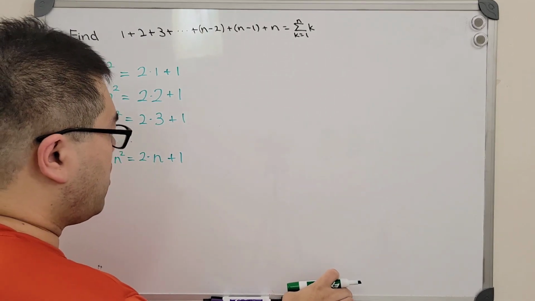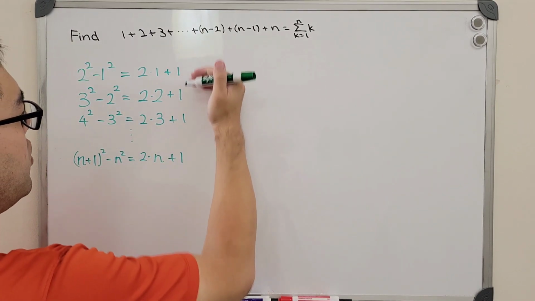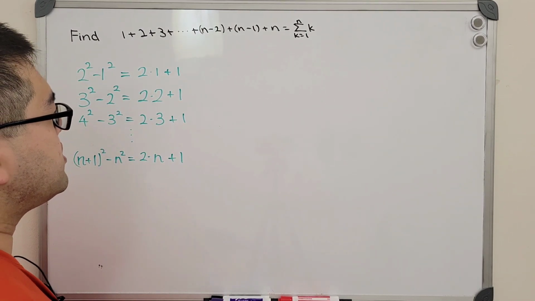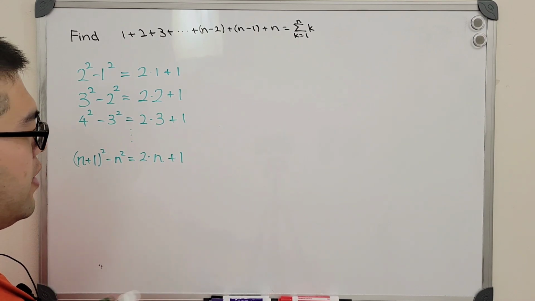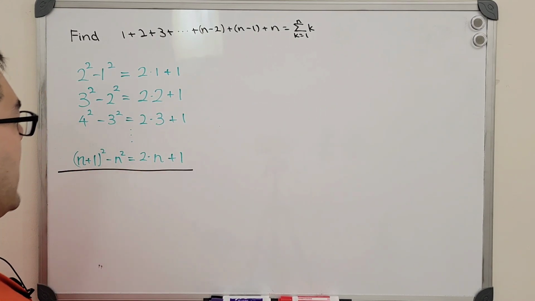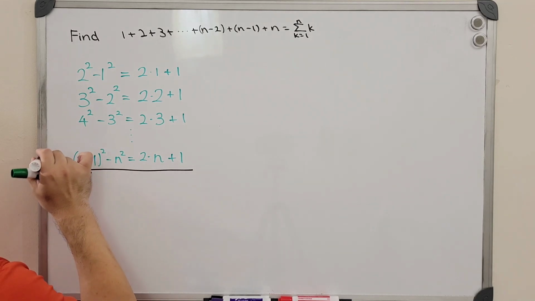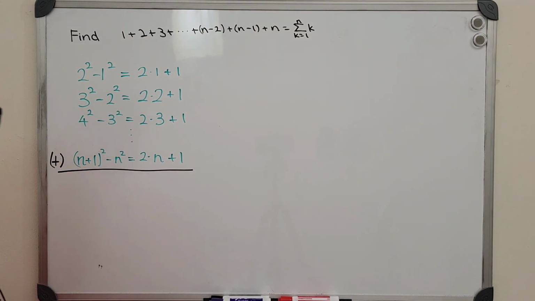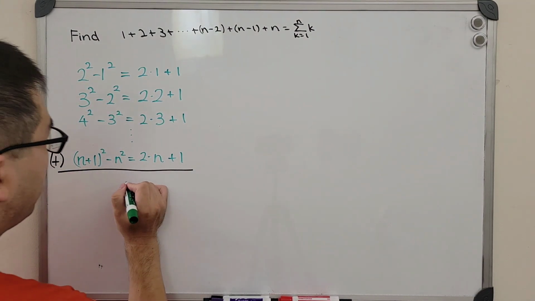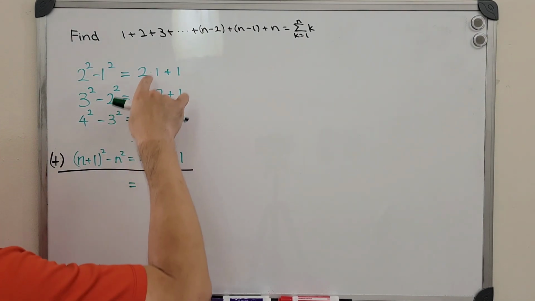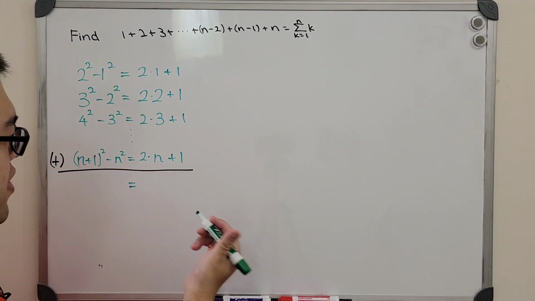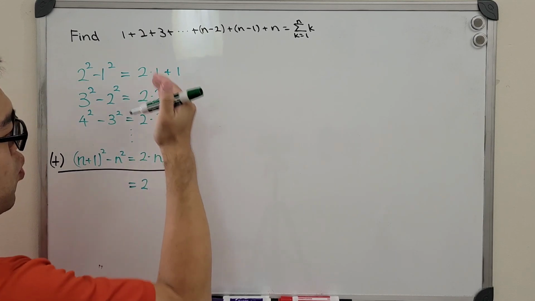Now, as we list out all the equations here where there are n equations from 1 to n for our variables, we are going to add them all up, just like what we did in the first method. Now, if we add them all up, on the right-hand side, we have 2 times the variables from 1 to n.